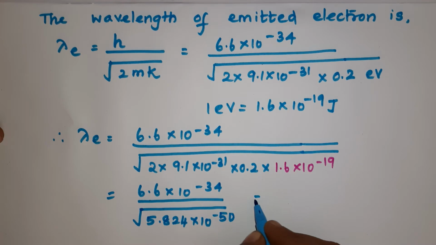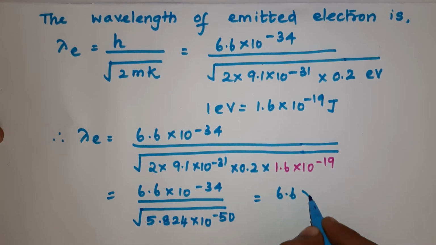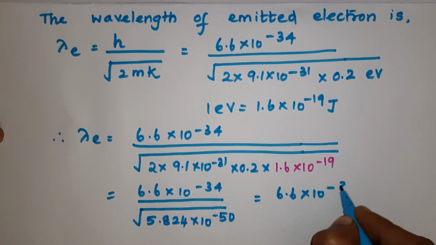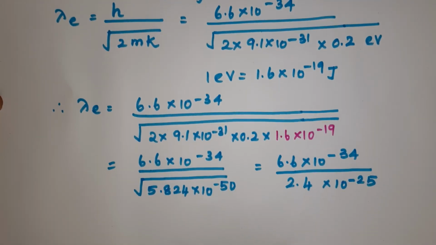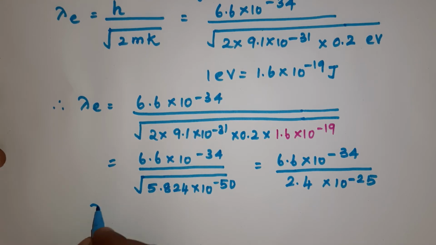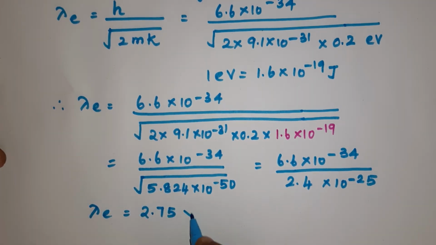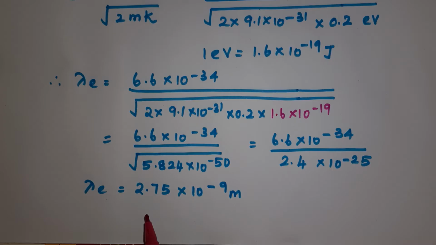We solve this. This is 6.6 into 10 power of minus 34 divided by 2.4 into 10 power of minus 25. This lambda E is equal to 2.75 into 10 power of minus 9 meter.